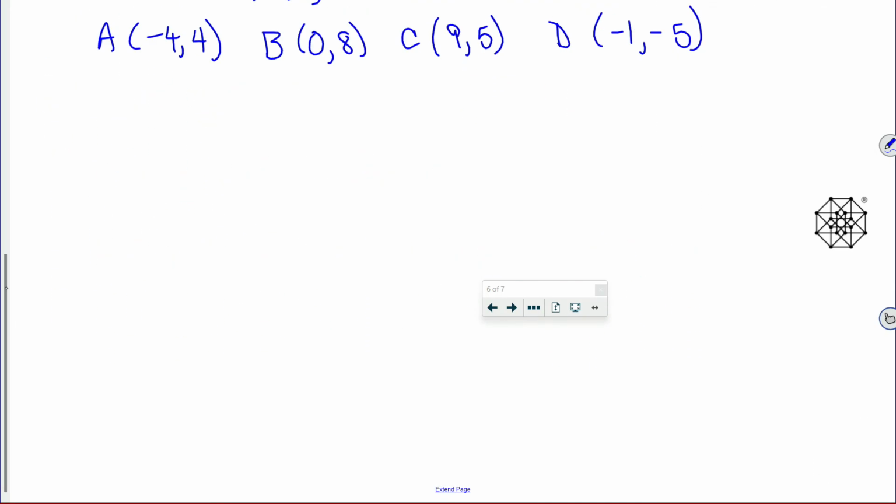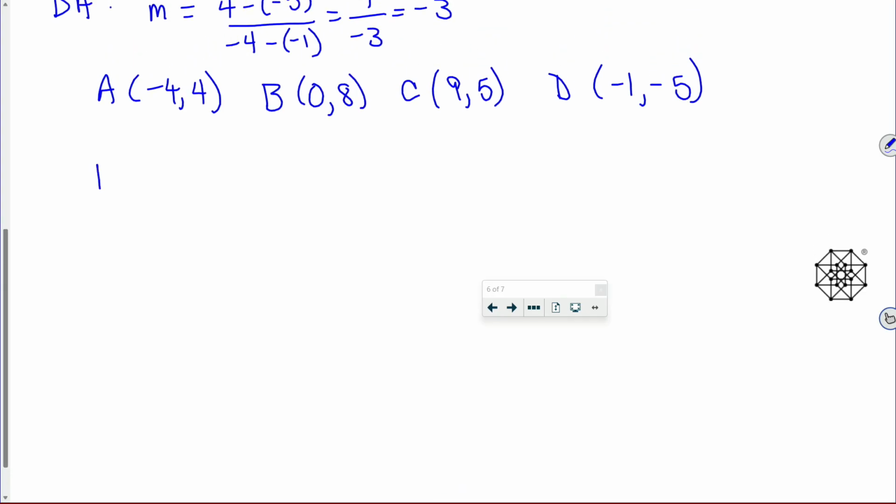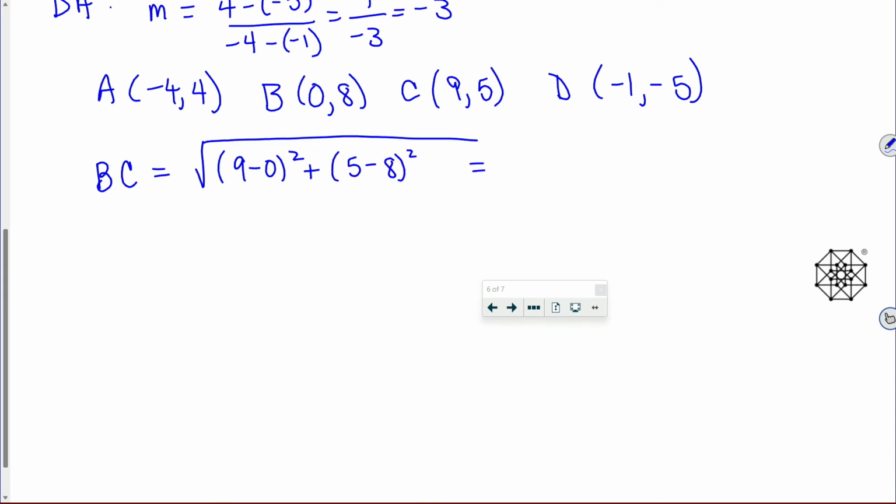Let me extend this a bit. All right, so BC. Let's figure out its length. Okay, so using the distance formula, we're going to have 9 minus 0 squared plus 5 minus 8 squared. That's going to be the square root of 9 squared plus -3 squared.